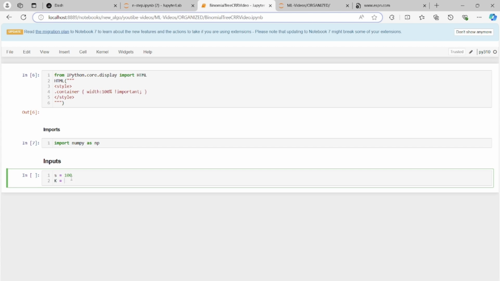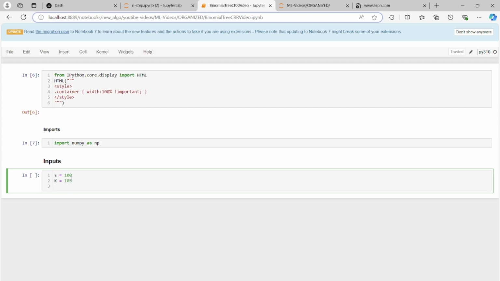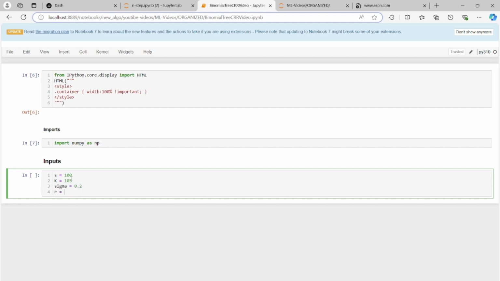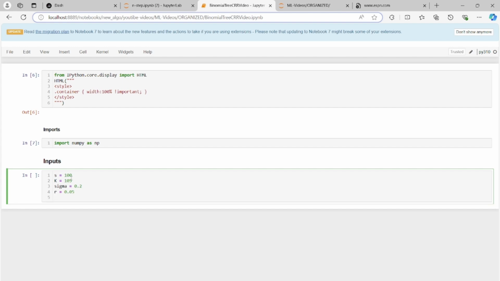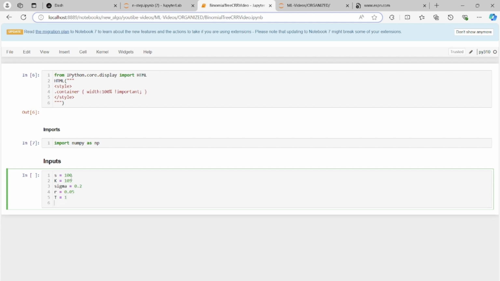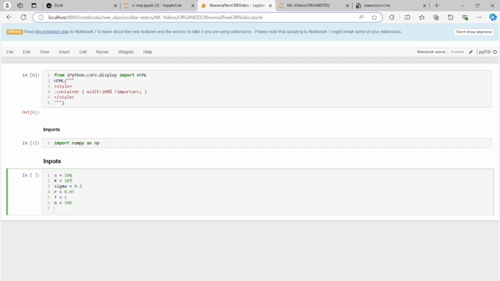We need a strike price, 105 or something like that. Sigma, let's make it 0.2. R, let's make it 0.05, reasonable values for today. Let's make time to maturity a year. Let's make the number of time steps N equal 100 for this example.